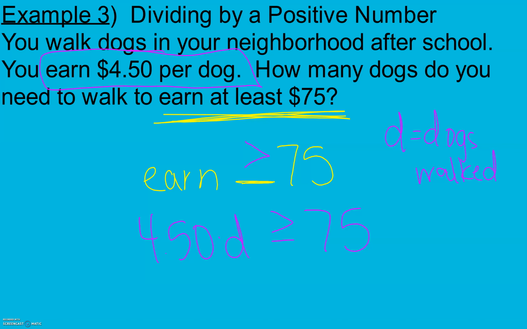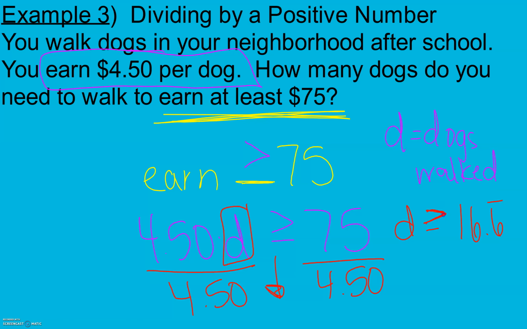Now, my variable here is being multiplied, so I get rid of it by division. And since I'm dividing both sides by a positive number, I can keep my inequality here. And when I divide 75 by 4.5, I get 16.6 repeating. Can I have 0.6 repeating dogs? I can't. So here we look.